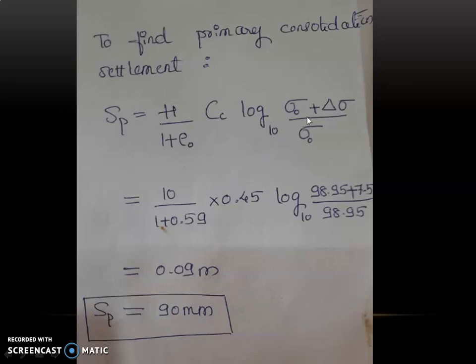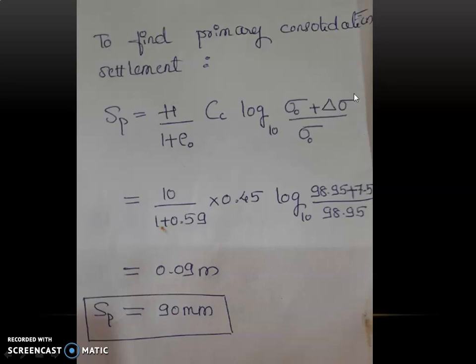Log of sigma naught is 98.95 plus delta sigma is 7.5 divided by 98.95. So once we calculate, we get SP as 0.09 meter and in mm it is 90. So primary consolidation settlement due to 1000 kilonewton is 90 mm.